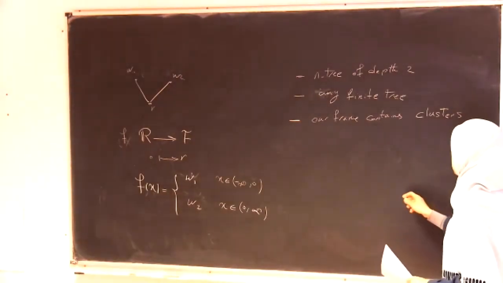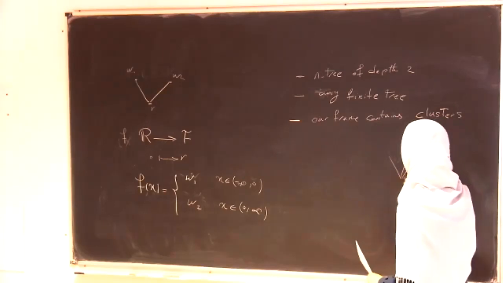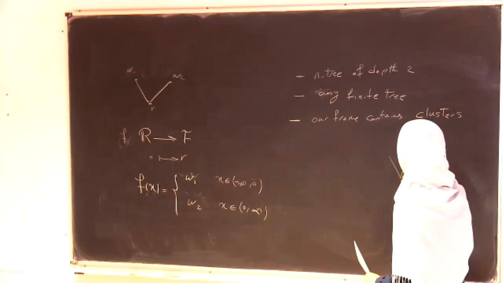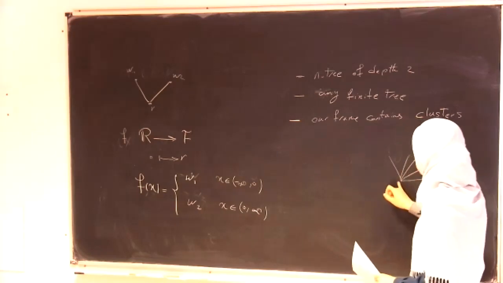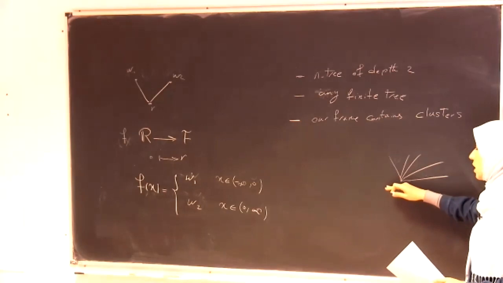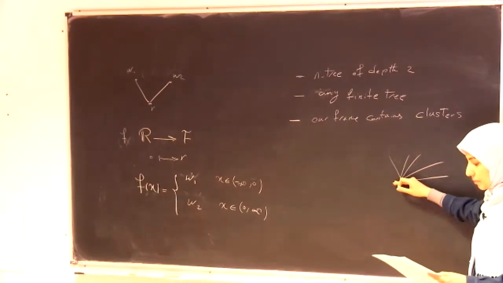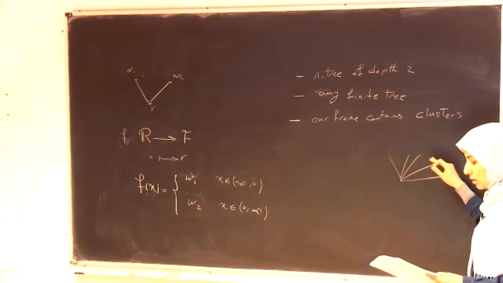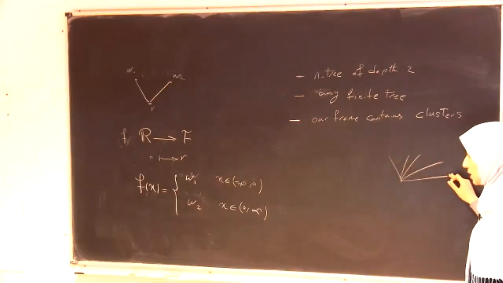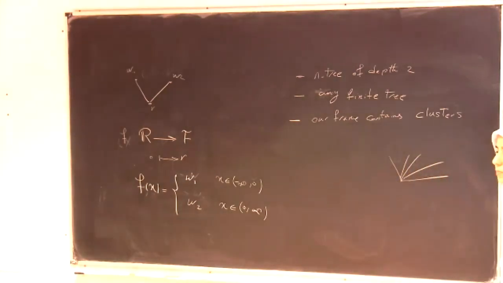For example, I have some frame in this form. It's the root of our tree, and our tree is of depth 2. We want to send the Cantor set to this root, and then to the children of this root, we assign the Cantor set of appropriate intervals of modulo 2.